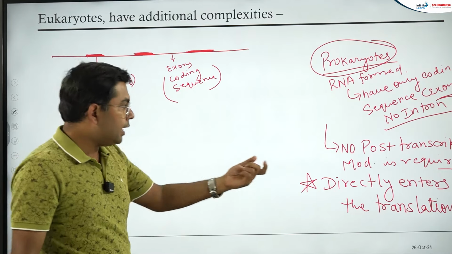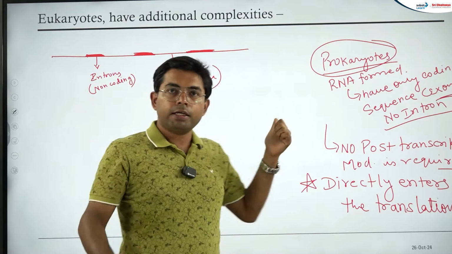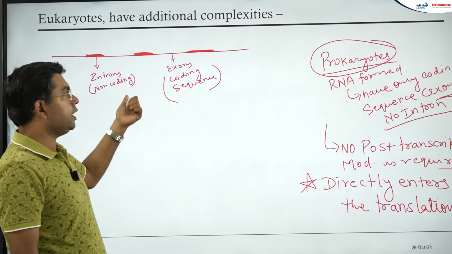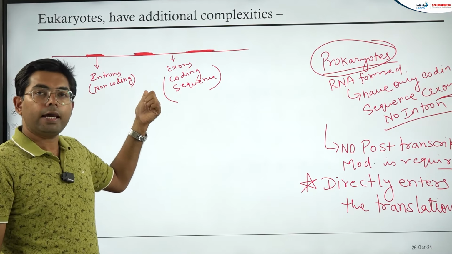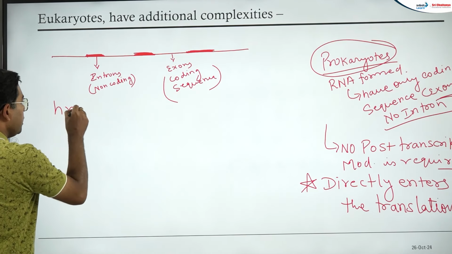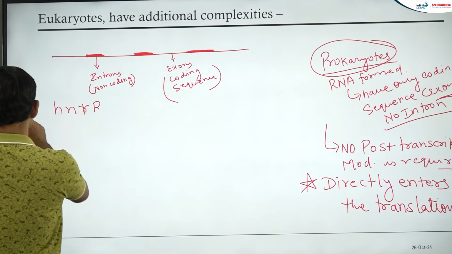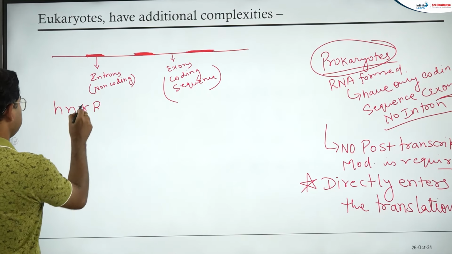That is why here the RNA synthesized is called mRNA, but in eukaryotes the synthesized RNA will not be called mRNA. It will be called hnRNA.